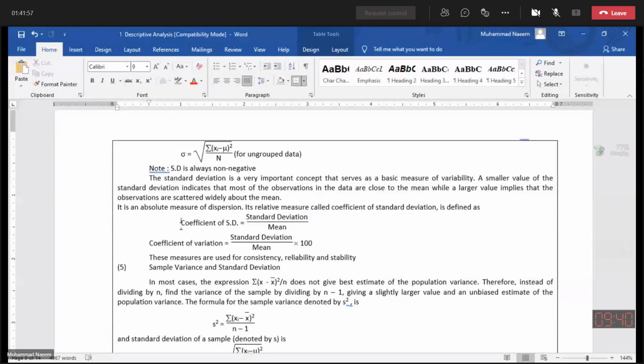There is always a variation, and this exists in nature. So that's why first we calculate this variation and then decide and set a precision level to accept the situation or to reject.